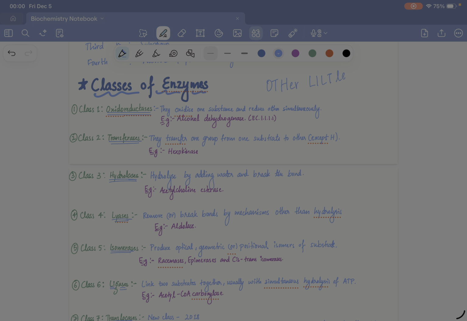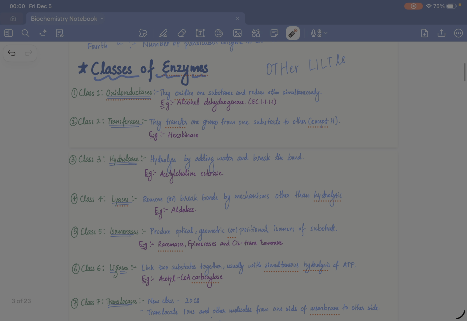So this is a mnemonic: oxidoreductases, transferases, hydrolases, lyases, isomerases, ligases, and translocases. Okay, this is a mnemonic. If you want, you can remember it.